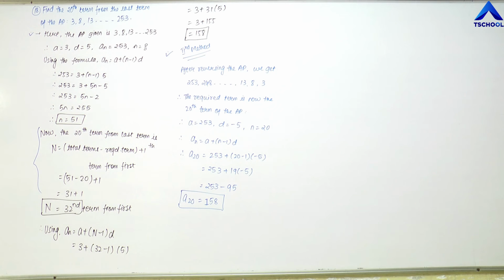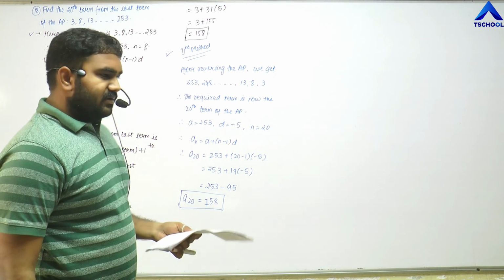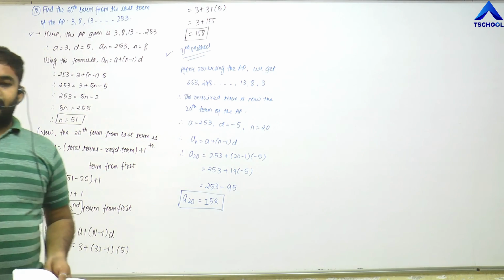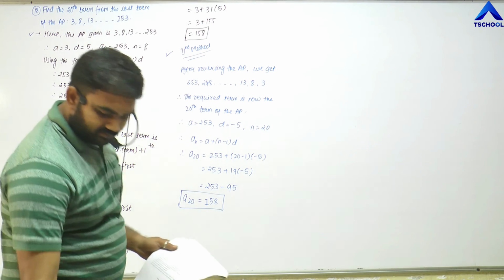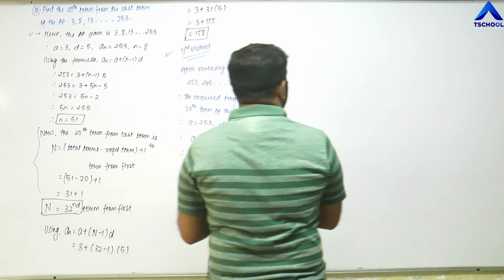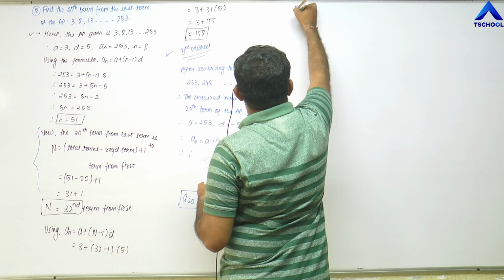So I think most of the practice related to this chapter is being done here. Now in this chapter let us solve one or two more of the same kind of sums, and then we shall move on to the next topic, that is the sum of n terms of an arithmetic progression. Okay, let me write down the 19th question here.